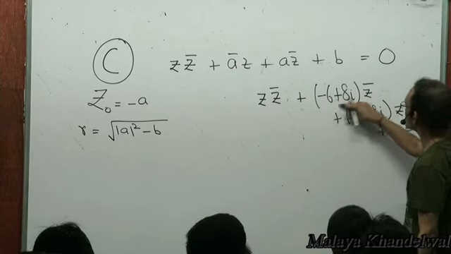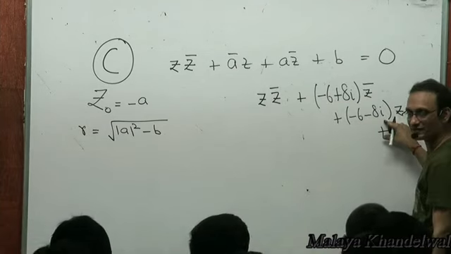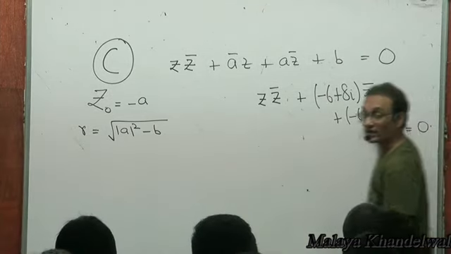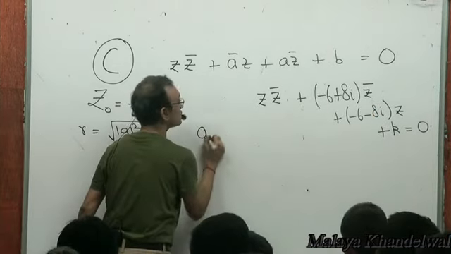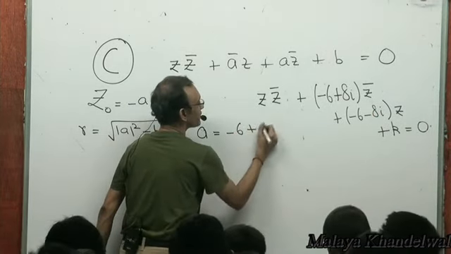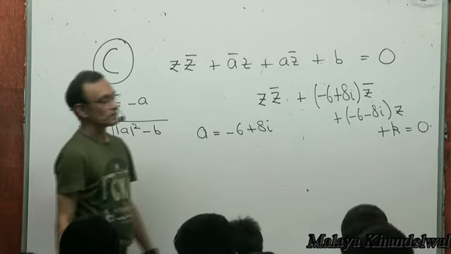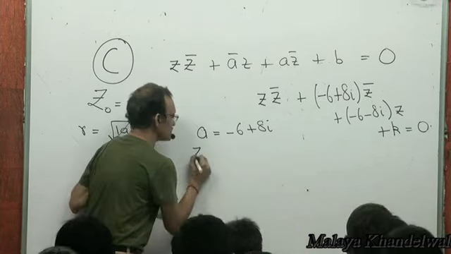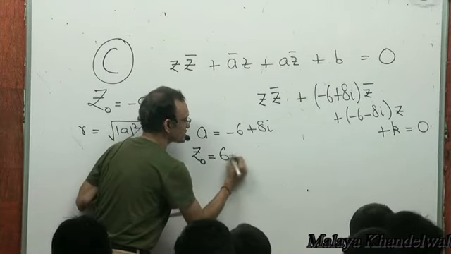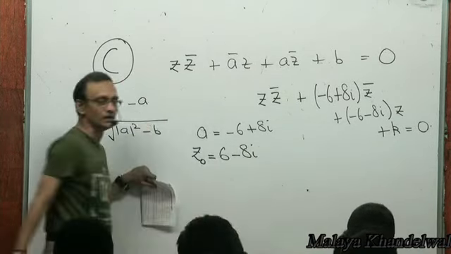In this case, this must be A and this must be A bar, A Z bar. So the complex constant A of the circle is minus 6 plus 8i. Yes or no? So the center of the circle is going to be minus A, which is 6 minus 8i.